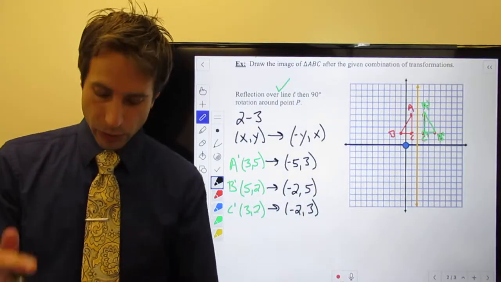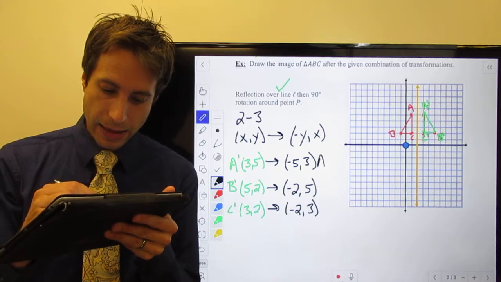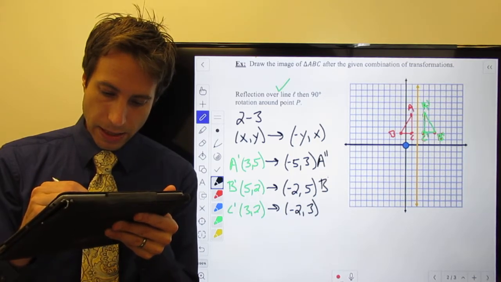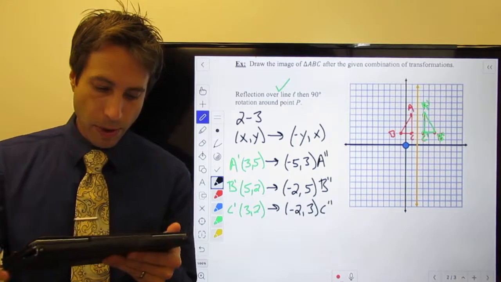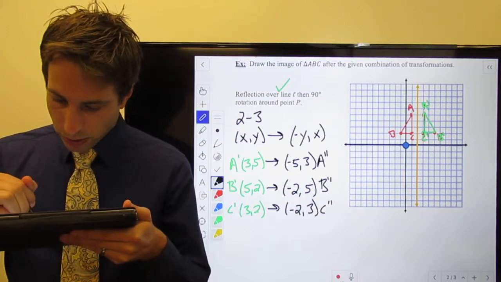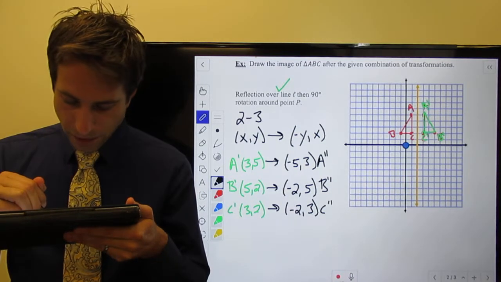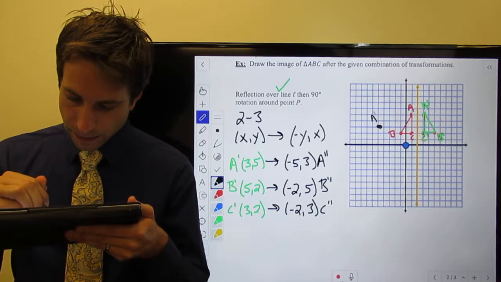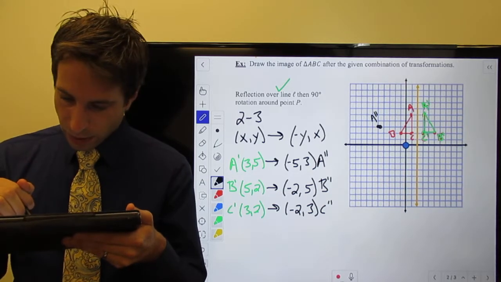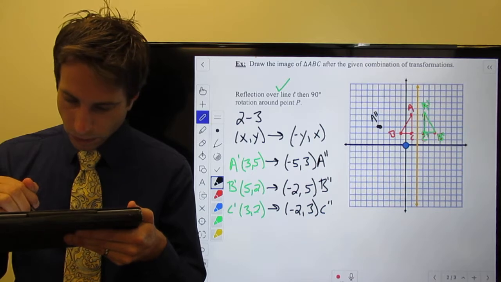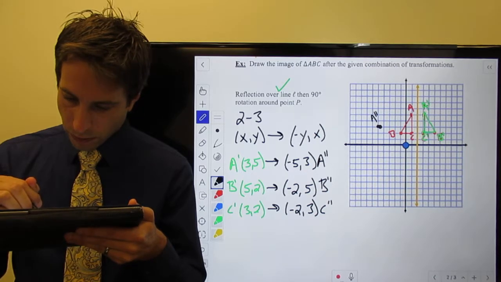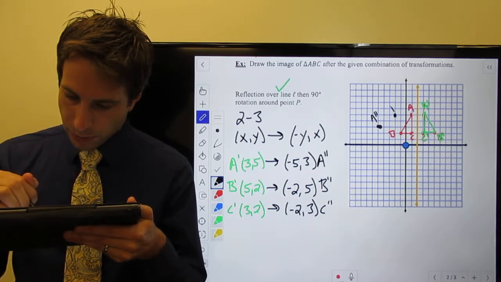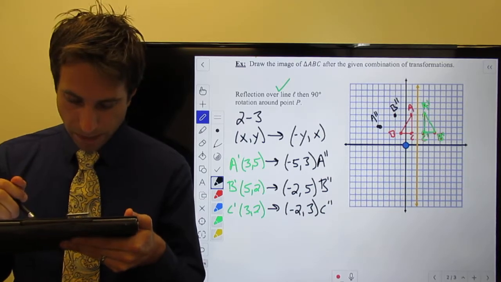Plot those points, right? Keep in mind, this is now A double prime, B double prime, C double prime. Here we go. 1, 2, 3, 4, 5. 1, 2, 3. There is A double prime. Minus 2. 1, 2. There is B double prime.